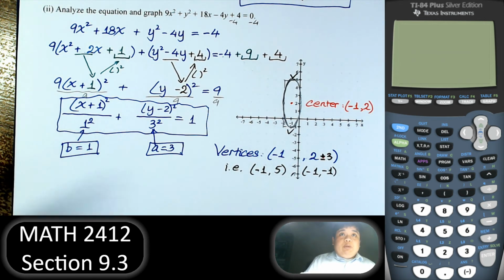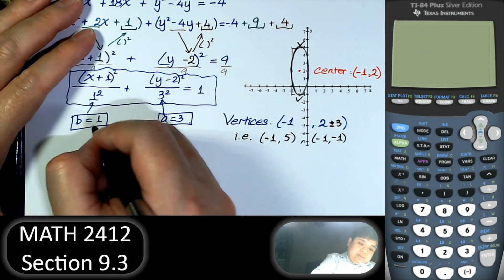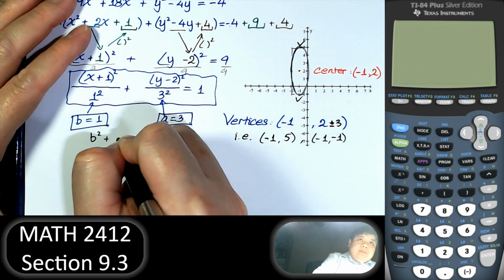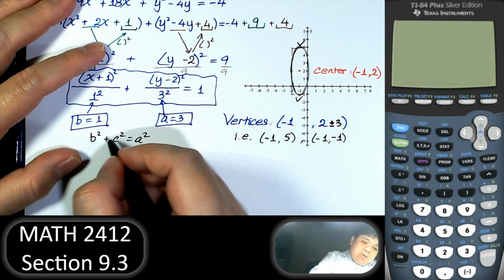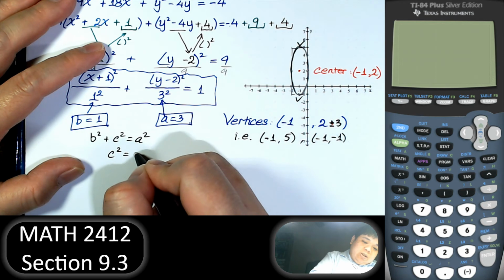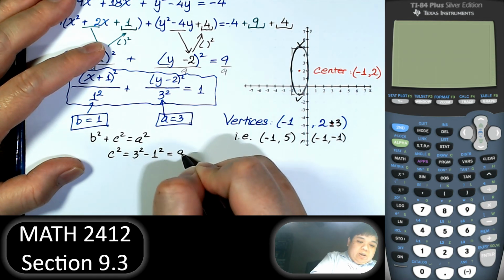And then to find the 2 foci, we have B and A, we can find C. So C squared is equal to A squared minus B squared. So that is 8.